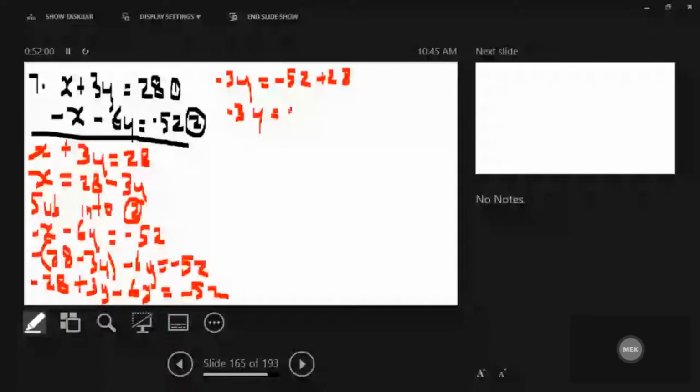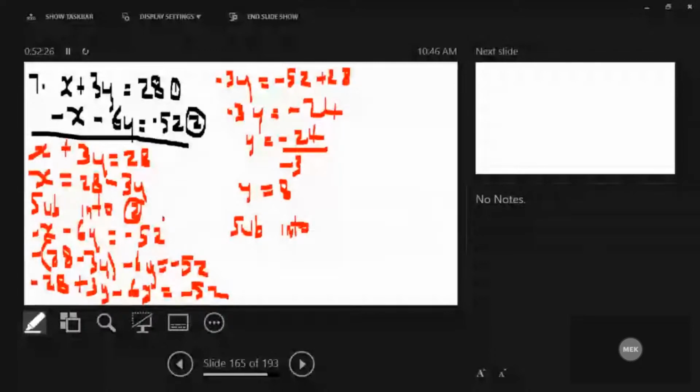So then y will be equal to negative 24 divided by negative 3, which is a positive 8. We're going to substitute this value of positive 8 into equation 1. So whichever equation you use first, substitute into the other one. So where y is, we're going to put 8.